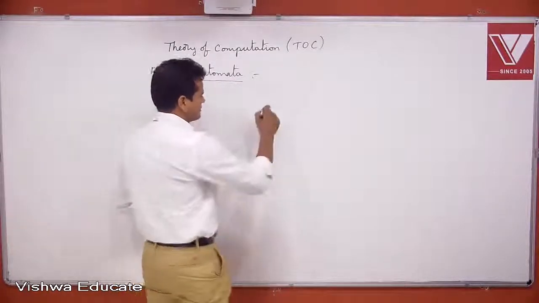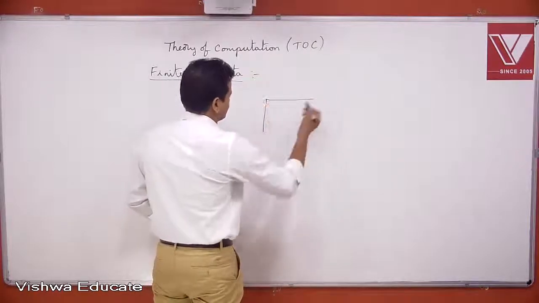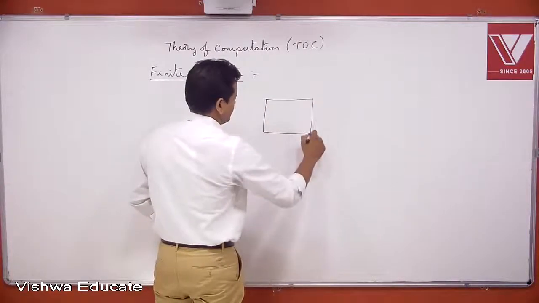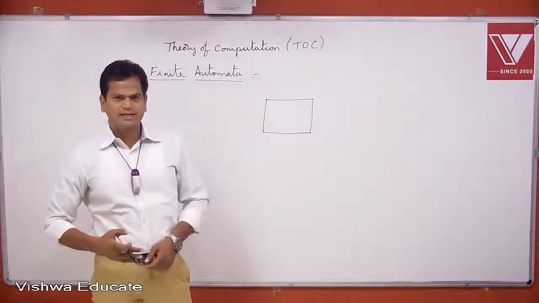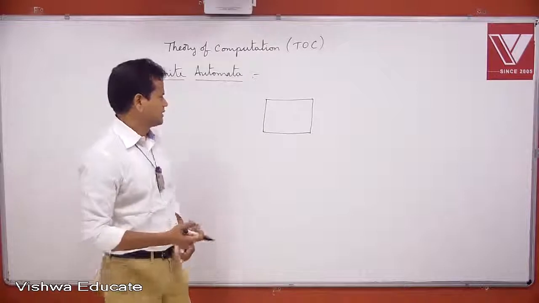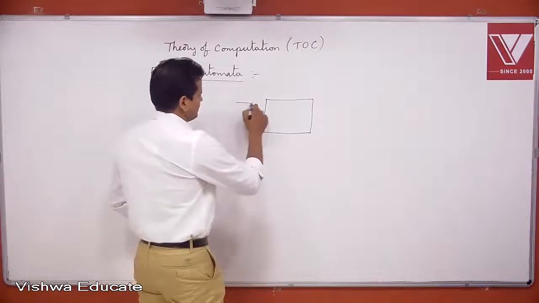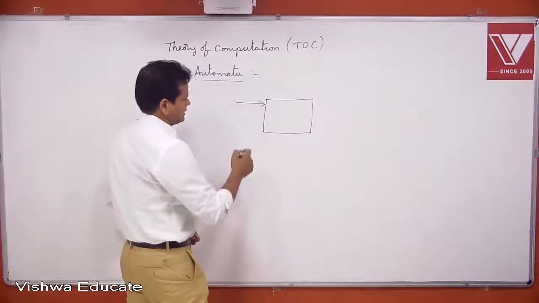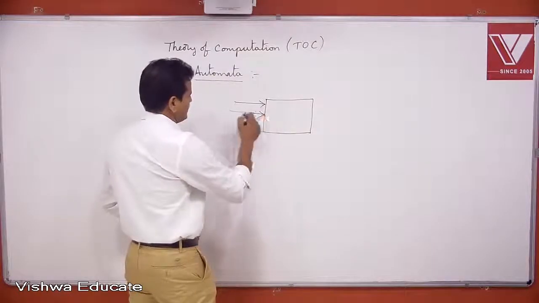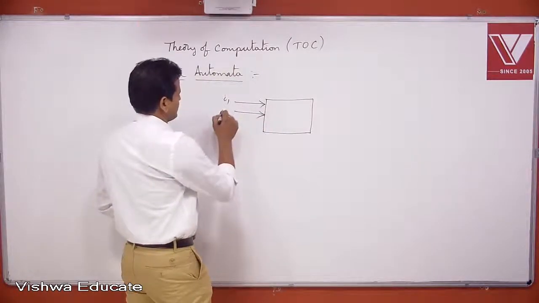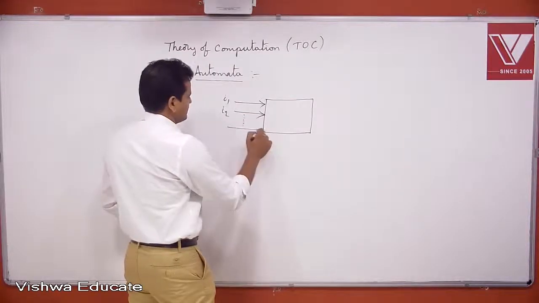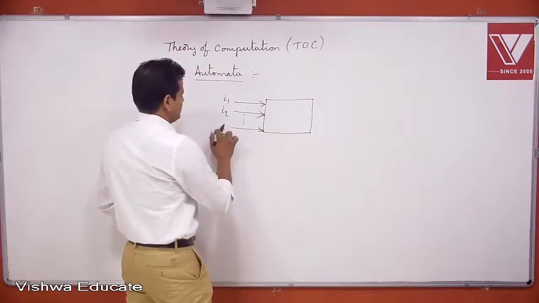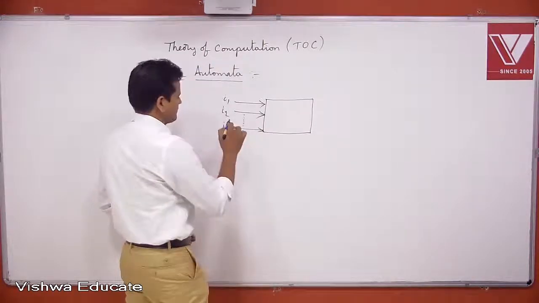It's a mathematical device. What is generally a computer? A computer takes inputs and gives outputs. Like that, we can give the block diagram for automata like this. It takes the inputs I1, I2, I3, and so on. Let there be L number of inputs, IL.